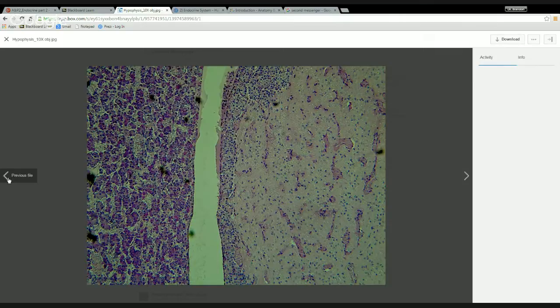Those are nuclei. We can see more dark dots in here, which we want to kind of ignore because it complicates things. Over here, you can't really make out the darker dots because there's a lot of darkness surrounding them too, which is cytoplasm. So this is the darker staining tissue, this is the lighter staining tissue.